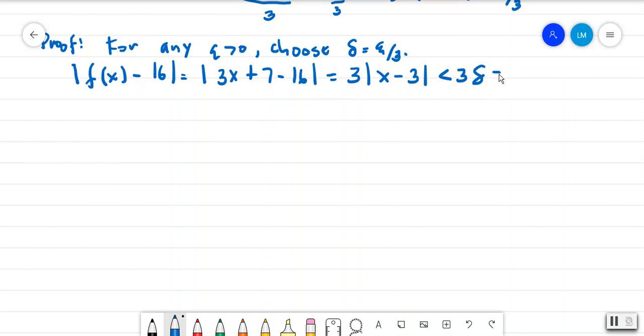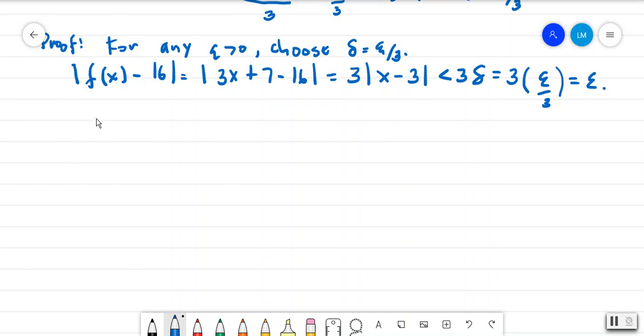And 3 times delta is actually epsilon over 3 times 3, not 3, they both look alike. So that's going to equal epsilon.